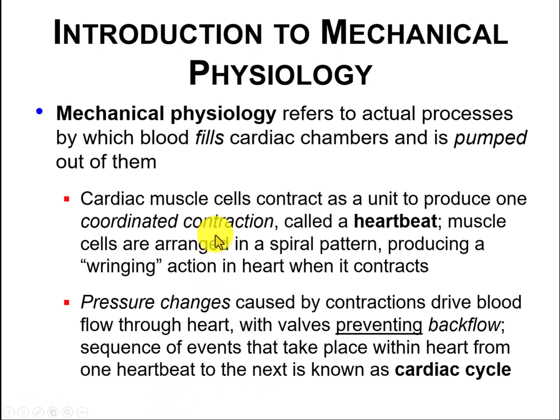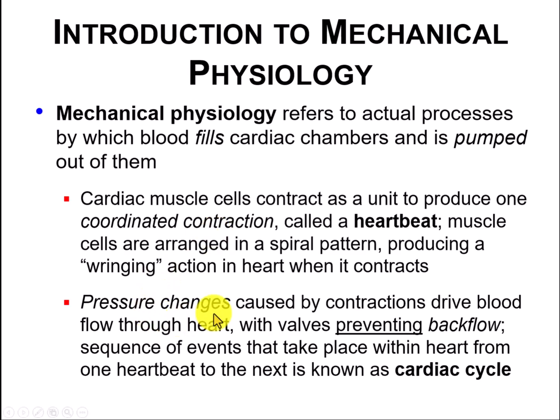As we saw with the microscopic structure of cardiac muscle, we have the gap junctions, and that allows our ions to pass quickly from one cell to the next and act as a coordinated contracting unit. When the heart beats, it is in a spiral pattern, so it produces a wringing action when it contracts.